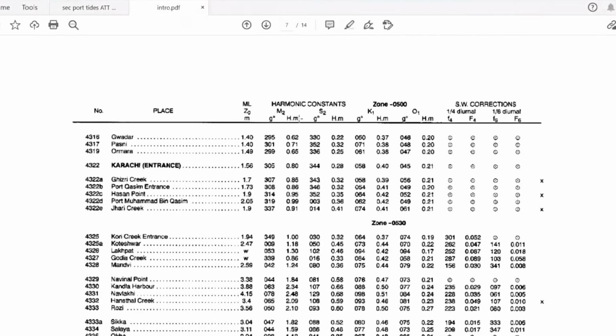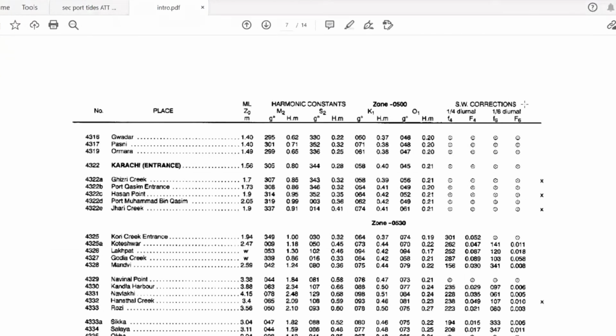The m is only the unit, meter, and for g the degree sign is there. So actually it is the small g value and capital H value which we'll have to use in our calculation. Under M2, g value, H value. Under S2, g value, H value. So you have to find the g value and H value under M2, S2, K1, O1.